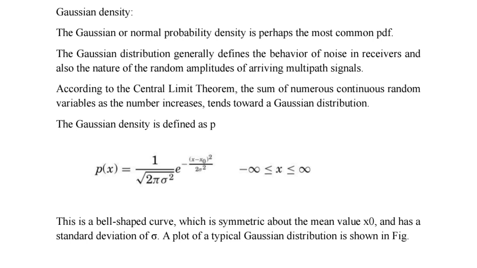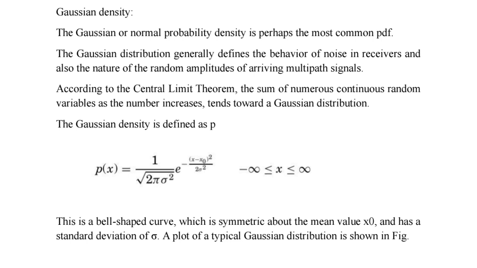What is the probability density function formula? P(x) equals 1 divided by root of 2 pi sigma square, times e to the power of minus (x minus x naught) the whole square divided by 2 sigma square. This formula is derived based on the Gaussian process. Based on the standard deviation sigma and the mean value, which is x naught here (mean value means average value), we can draw the curve for this Gaussian probability density function.